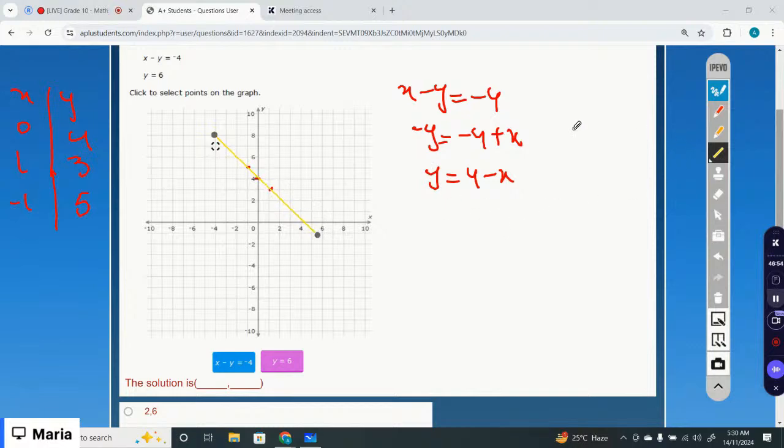Okay. The second one is y equals 6, right? Here is y equals 6.